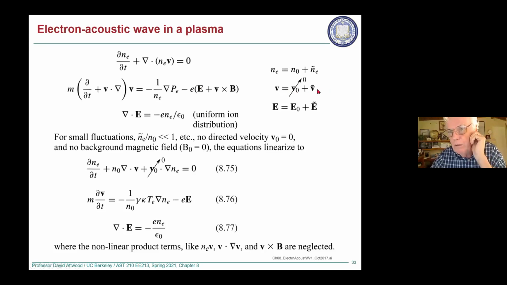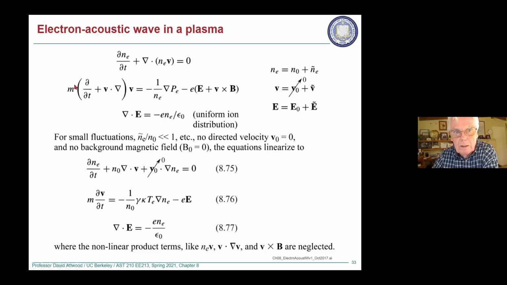It's just going to be the fluctuation part. And then E and H and everything else would have a background electric field that went with the background density and some fluctuation.